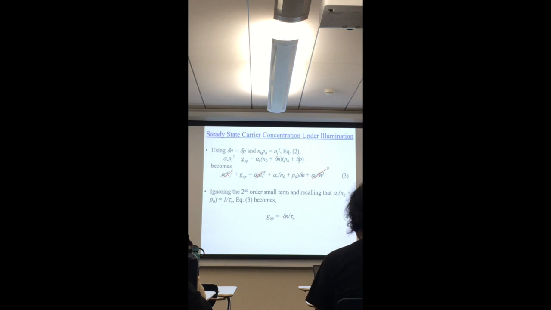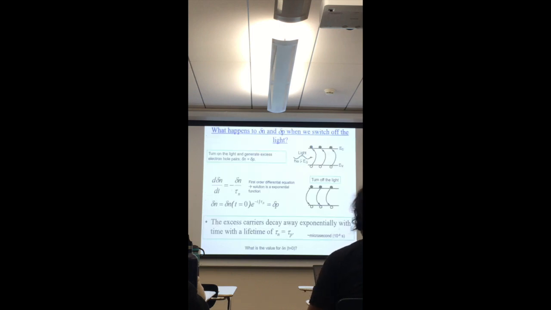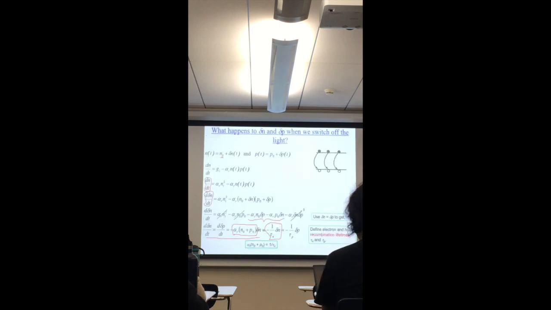So then we can write down the expression for the optical generation rate easily, right? So we'll see that this optical generation rate will be alpha times n naught plus p naught times delta n. And also, recall that we have already defined this term, right? So for this alpha times n naught plus p naught, remember we have defined this here, right?